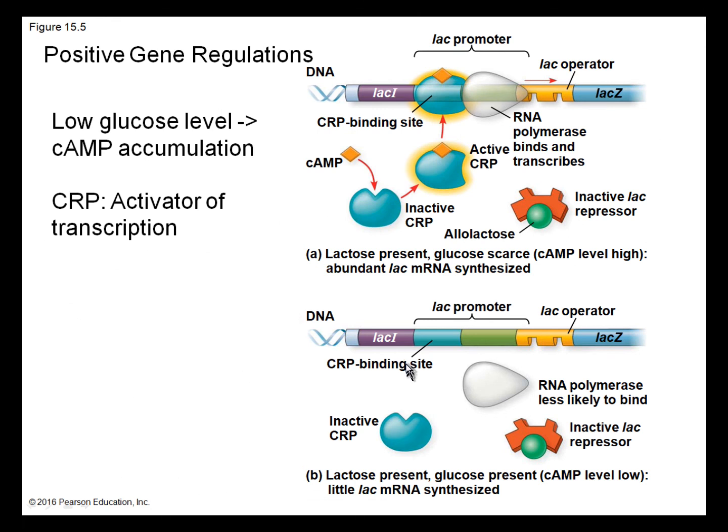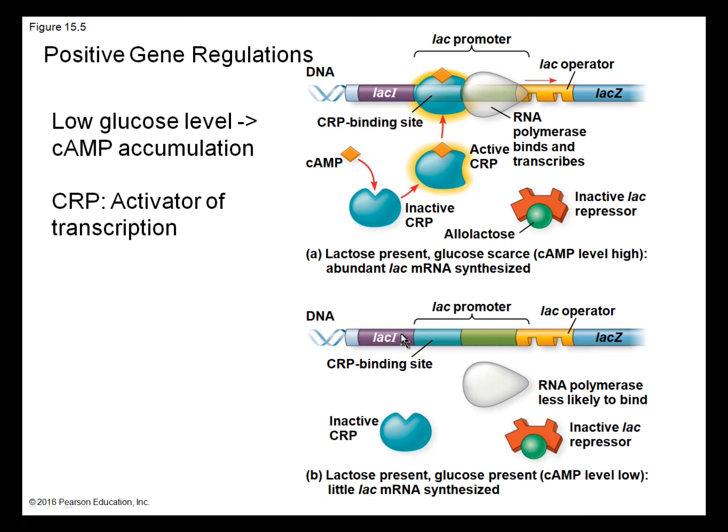But even in the presence of lactose, if you have enough glucose around, the cell wants to use the glucose instead. So now in the presence of glucose, you don't have cAMP accumulation. So CRP is no longer active. It doesn't bind to the lac promoter, so it does not recruit RNA polymerase, even though you have lactose available.